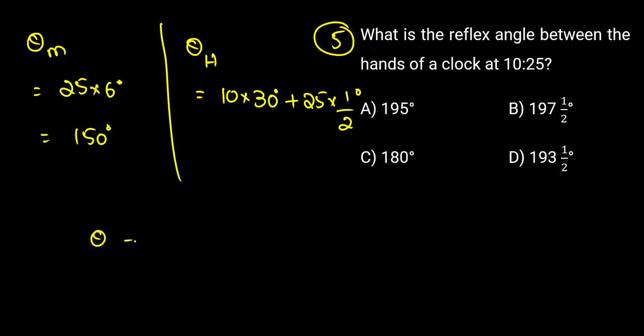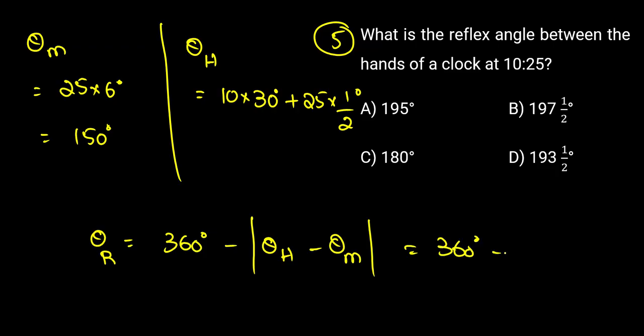Now theta r is 360 degrees minus, and here theta h is more, so 360 minus (300 minus 12.5 plus 150). Okay, 197.5.